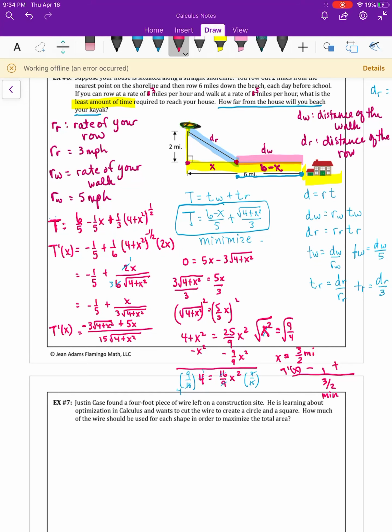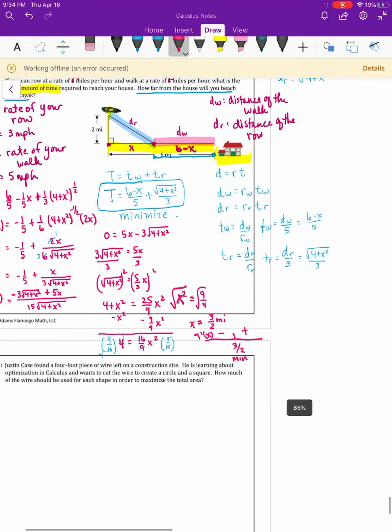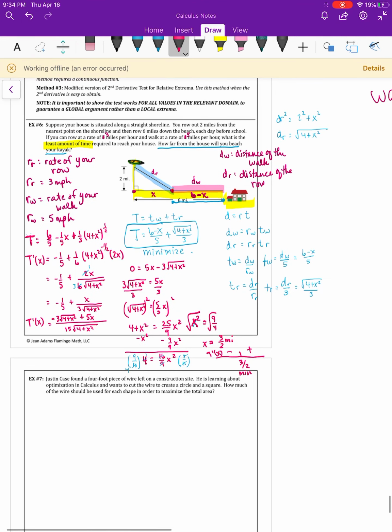And if I put that in my calculator, it gives me a negative value. And then if I put, let's say, a 2 in, I end up getting a positive value. So that is a minimum. Okay, and you can check that on your calculator, please.